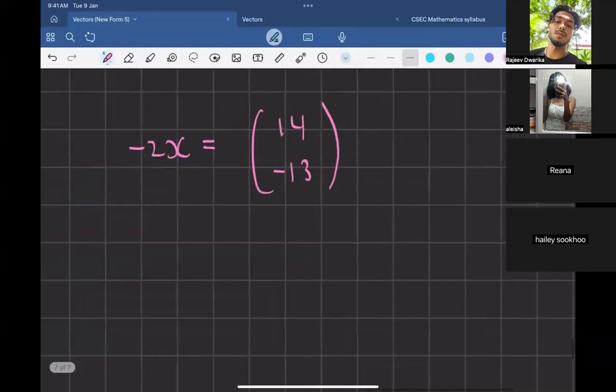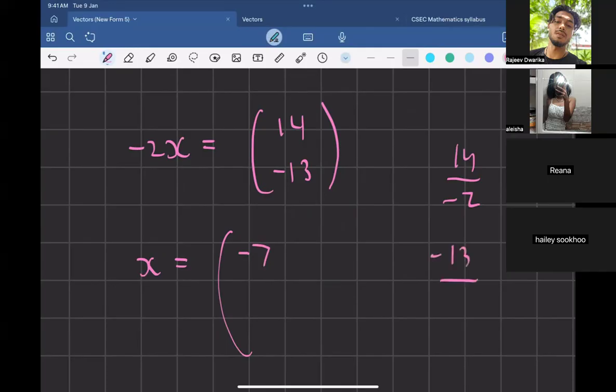Okay, so Haley, it's much easier to just divide by minus 2, right? So here we go in the calculator. You just put 14 over minus 2, and you're getting minus 7, and you put minus 13 over minus 2, and you're getting 6.5.